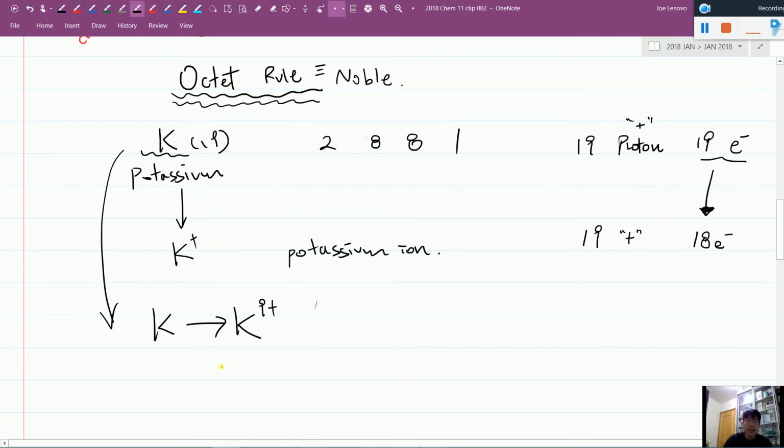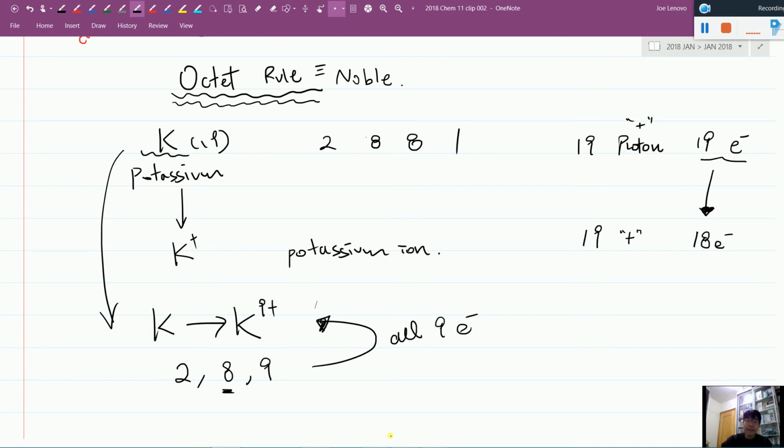You will never see potassium become K9 positive. If you look at that, that would be what the Bohr model implied. The Bohr model would be 2, 8, and 9. Then, to become an octet, we want to reach 2 and 8. So we would have to kick out all 9 electrons to become an octet.